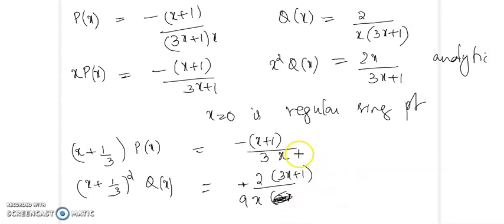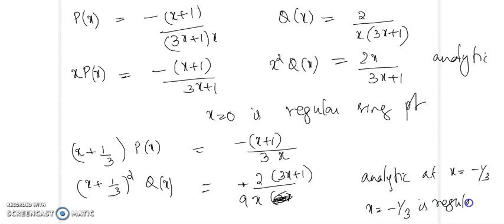So these are analytic at x equal to minus 1 by 3. Therefore x equal to minus 1 by 3 is a regular singular point.